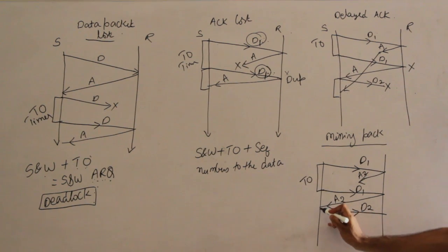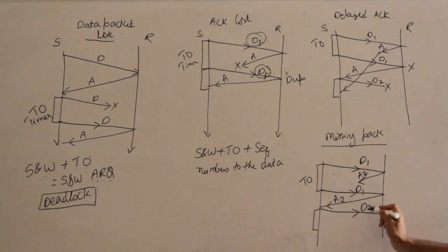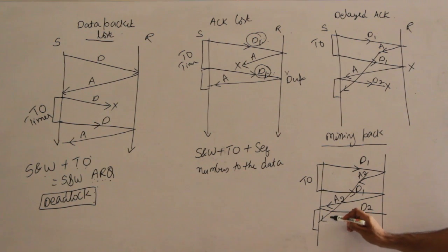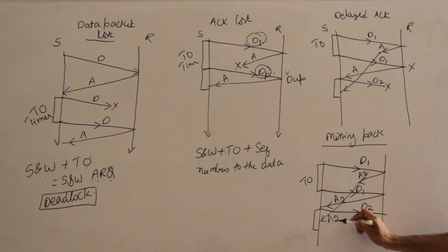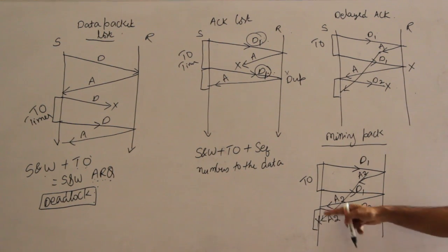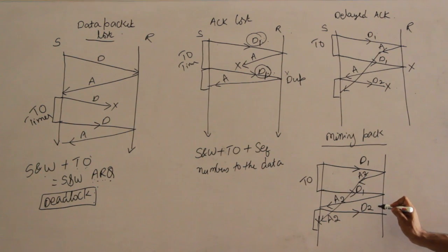Now what acknowledgement number are you expecting for D2? You are expecting acknowledgement number A3, but what acknowledgement has come to you? The acknowledgement that came to you is A2. We are expecting A3 but we got A2, therefore you will discard it and you will wait for acknowledgement A3, so you can find out whether D2 is missing or not.